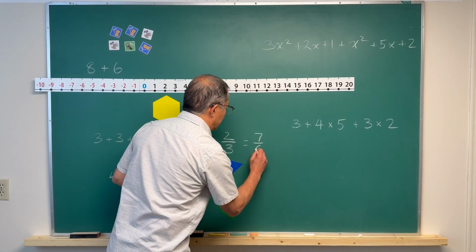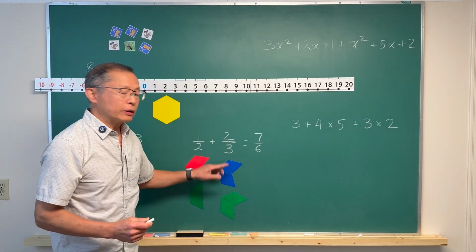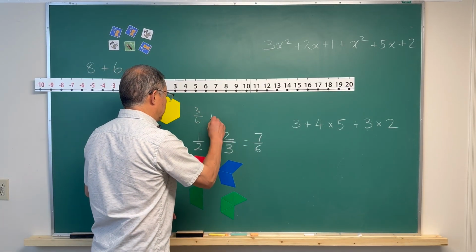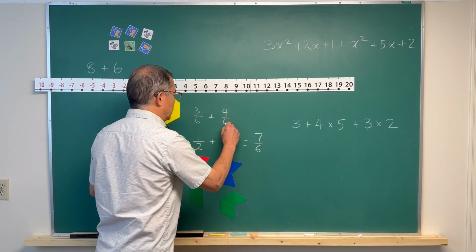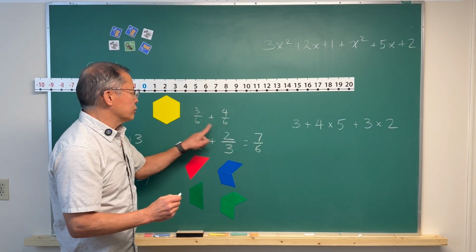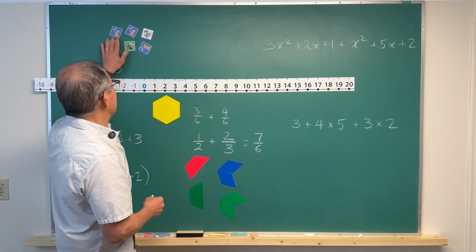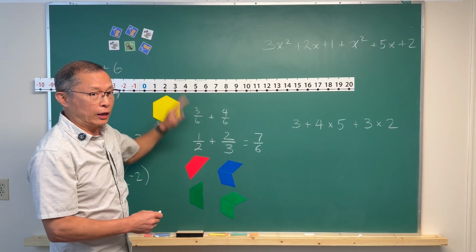And the important thing is the bottom number doesn't change because it's 3/6 plus 4/6. We're counting. That's why the 6 stays 6. When you're counting up here, 1, 2, 3 cats, the cats are still cats.